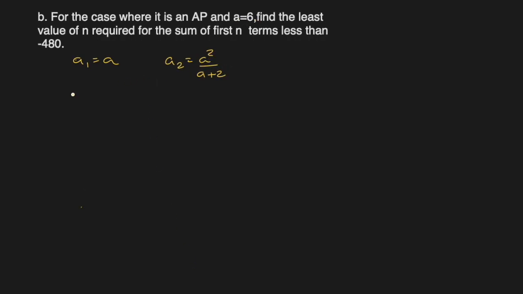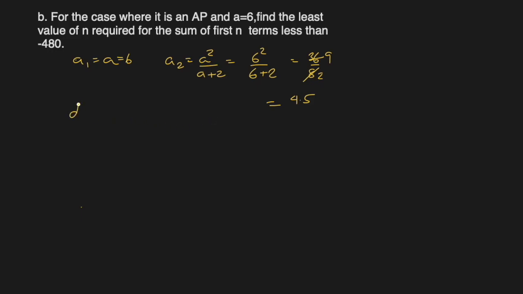They're given a equal to 6. So the first term is 6, and this becomes 6 square over 6 plus 2, which is 36 divided by 8, divided by 4 divided by 4. So 9 over 2, 4.5 is A2.